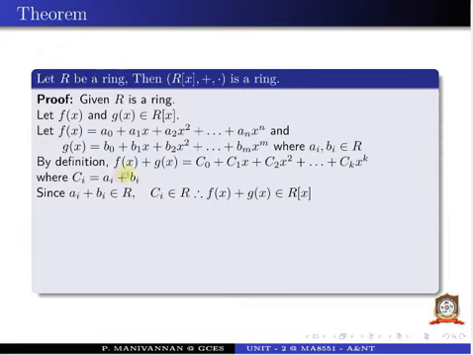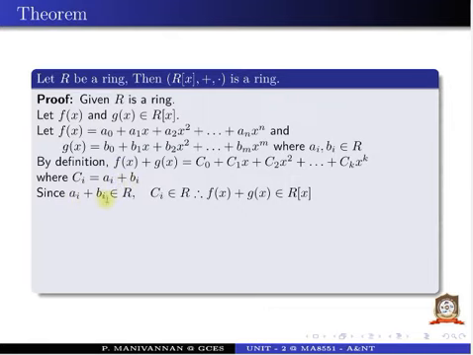By definition, f(x) plus g(x) equals what? Add these similar values. That means constant plus constant, x coefficient plus x coefficient, x squared coefficient plus x squared coefficient. So c0 plus c1x plus c2x square plus etc., ck x power k, where ci equals ai plus bi.